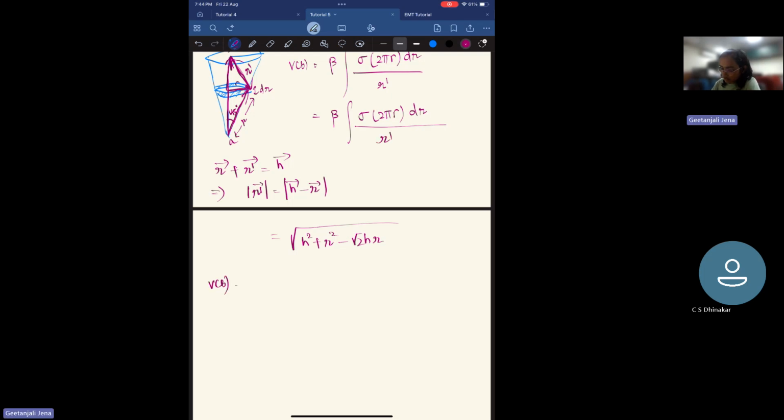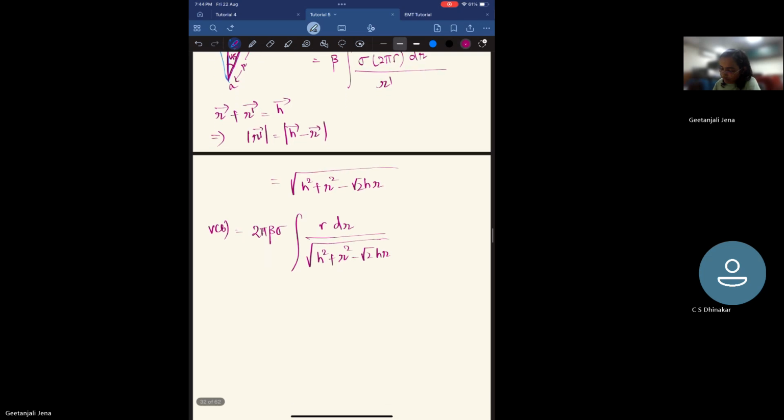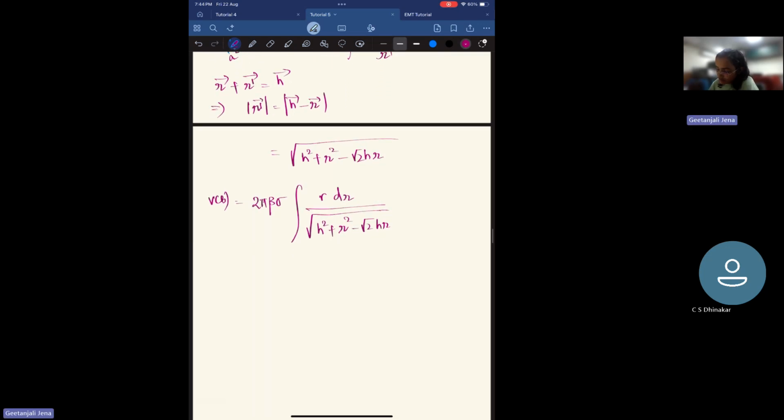So V_B is 2 pi beta sigma r dr over root of h square plus r square minus root 2 hr. And small r is R by root 2, so you can put it here, R by root 2.